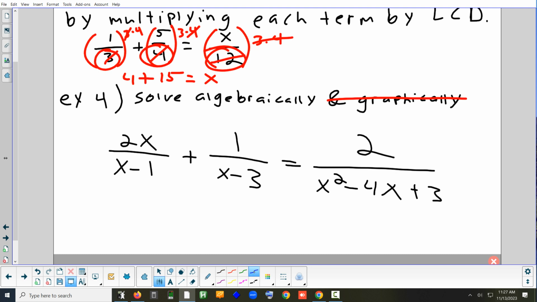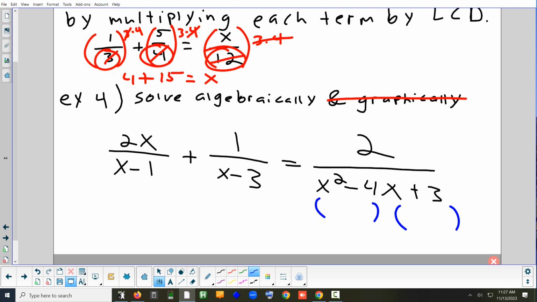The first thing I want to check is whether this denominator on the right is really the product of the two that are on the left. If it is, it makes the problem a lot easier. What can I do to the denominator on the right to see if it really is the two on the left? Let's just factor it and see what happens. What would be your first term in each parenthesis?